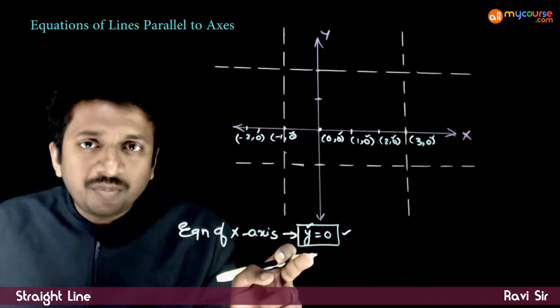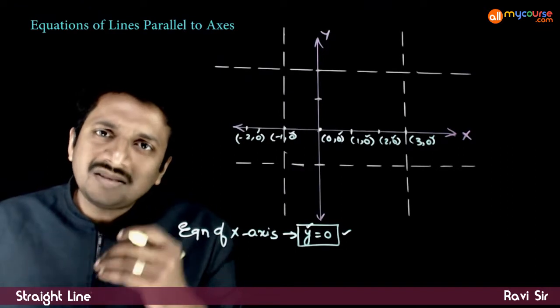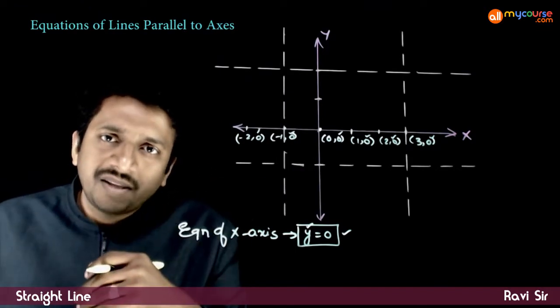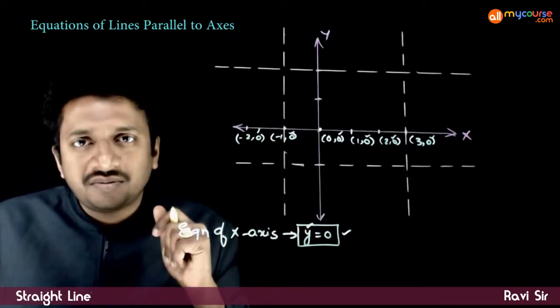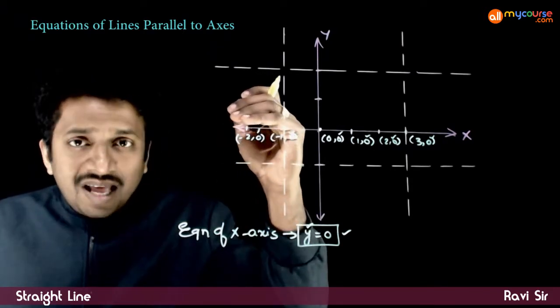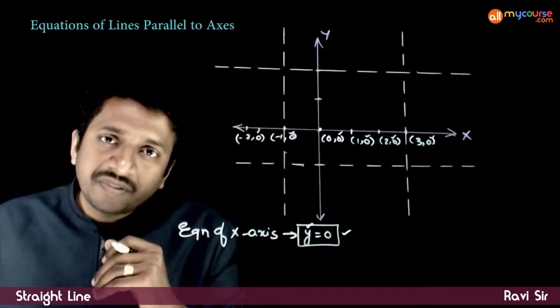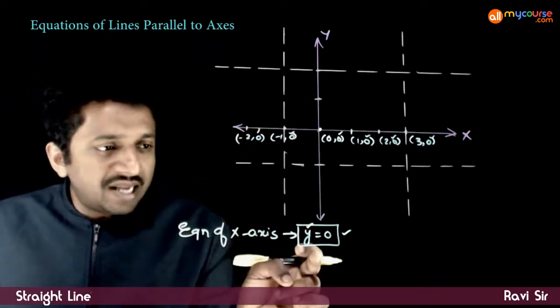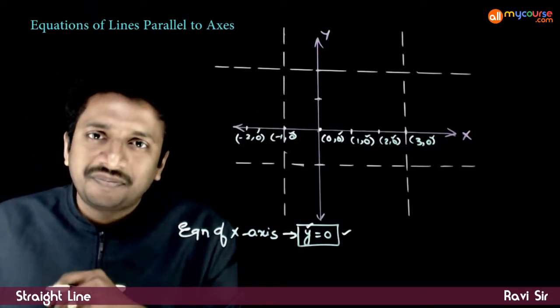So if the distance of the point from x-axis is equal to 0, that means the point lies on x-axis, right? So the equation has to work both ways. That is, if you take any point on the line, it has to satisfy this equation. If you take any point which satisfies this equation, it has to lie on this straight line.